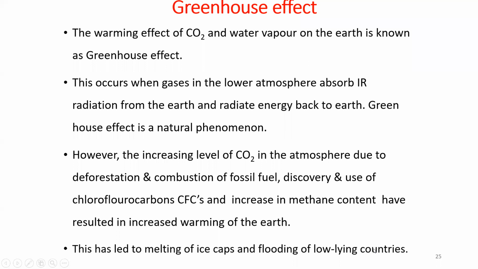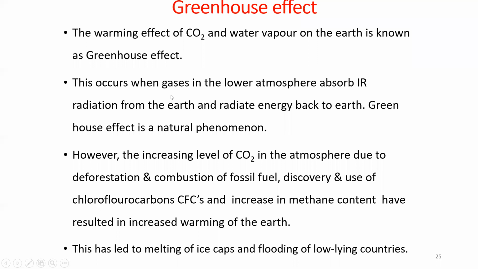Of course, countries that are very low, or even people that are living in lowland areas, get more of this flooding than people that are living in high-rising areas. So that is actually what we mean by the greenhouse effect. As I said, the presence of CO2 and water vapor is a natural phenomenon.